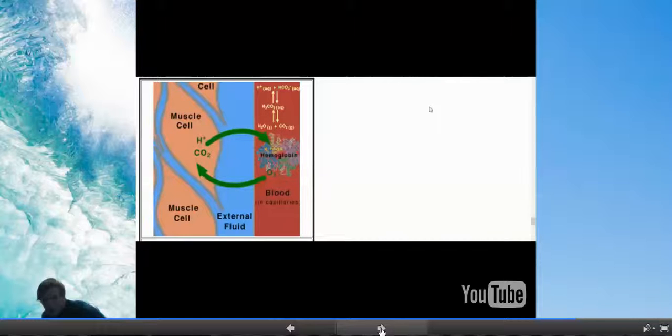So the body has developed this finely tuned process based on the buffering of the bicarbonate and the carbon dioxide and hydrogen ion acid-base equilibrium that handles the changes that exercise produces.